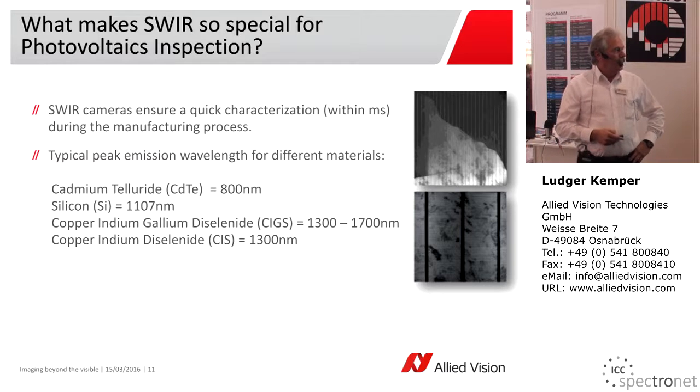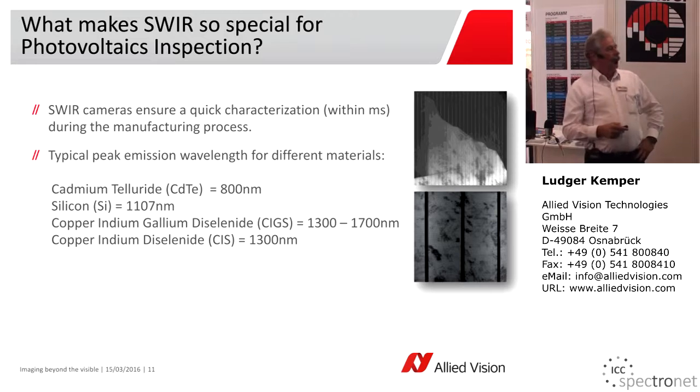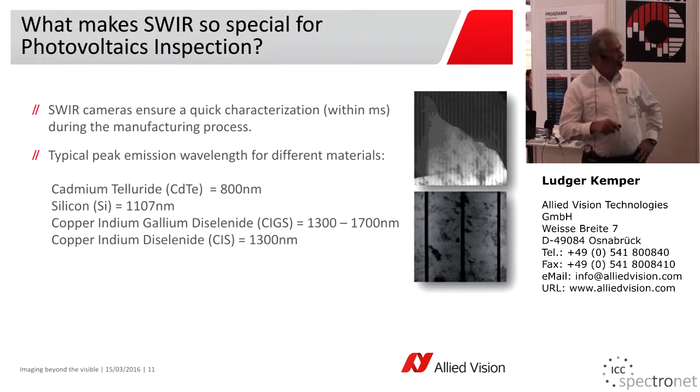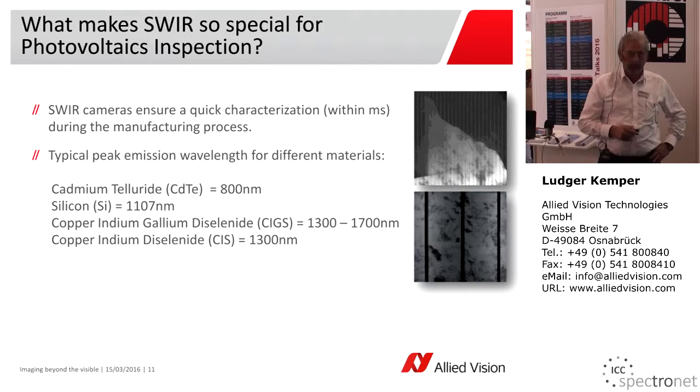And we also have copper indium gallium diselenide that emits between 1,300 and 1,700 nanometers, or copper indium diselenide that emits at 1,300 nanometers. For these two, you can only use SWIR cameras to detect the signal. You can't use a CCD camera. That's normally used in the thin film solar cells.